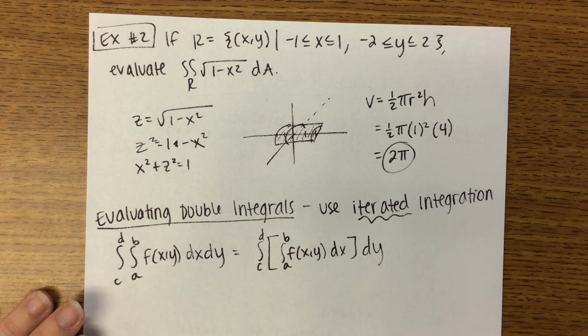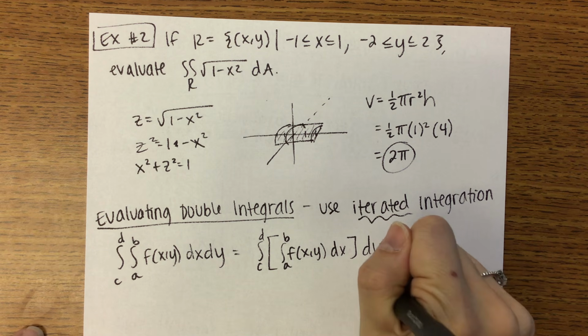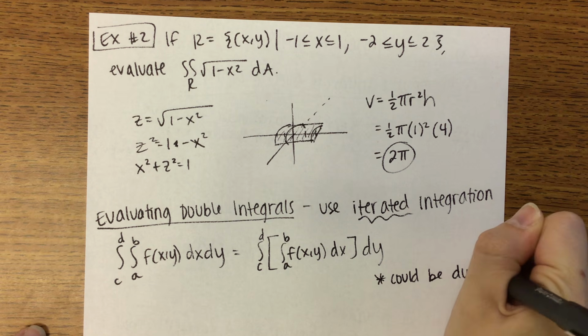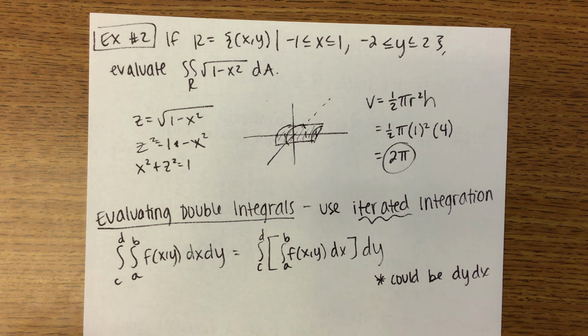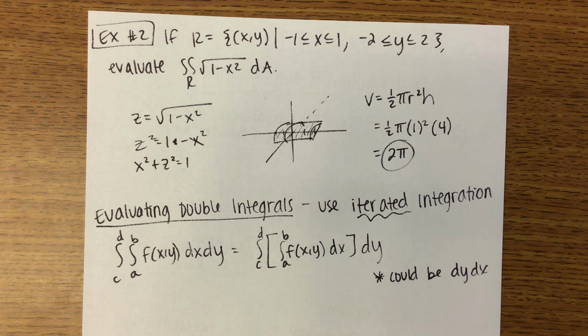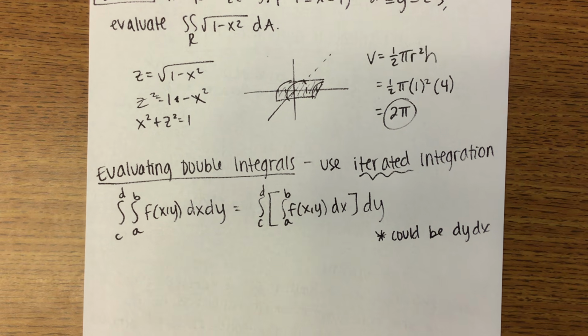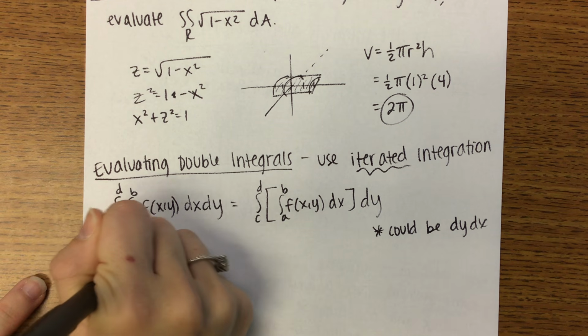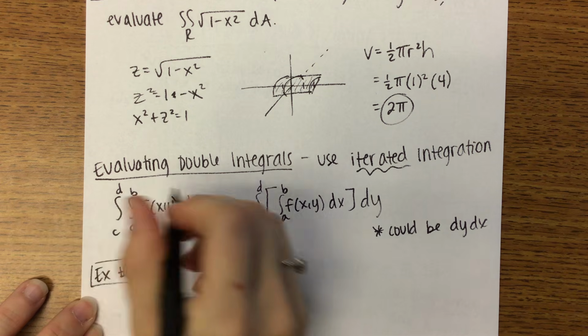It could be the other way around. So it also could be dy dx. So you're starting inside and then going out. So dx first and then dy. Okay, so here's the example that we are going to do together.